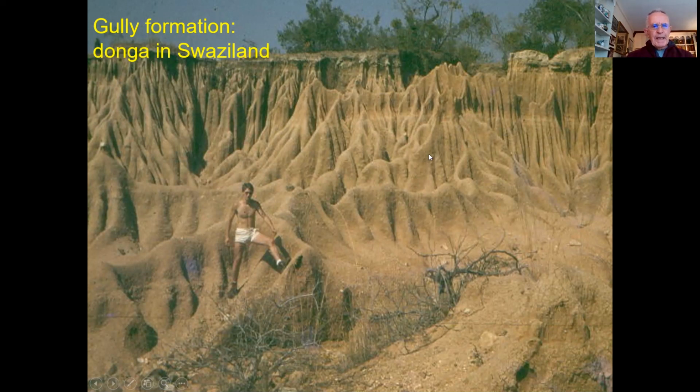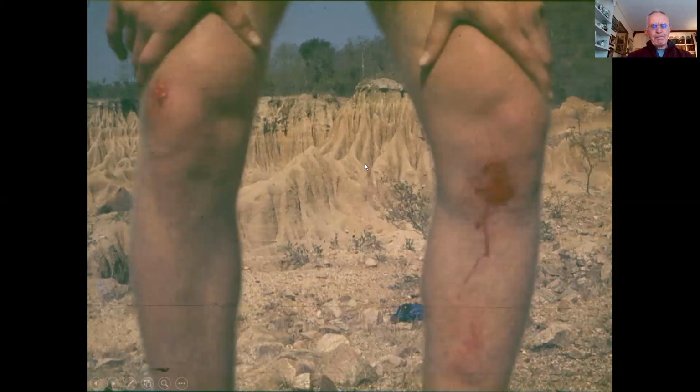Swaziland now called Eswatini. And you have soils here which are very weak, and when you get a storm, then the runoff cuts down into that weak material, creating this badland environment. And such badlands are very widespread in many parts of the arid realm.